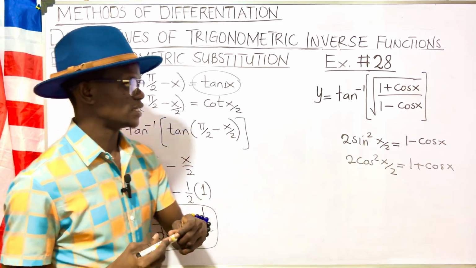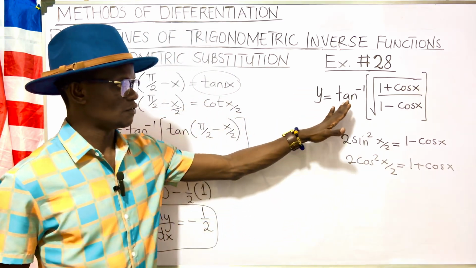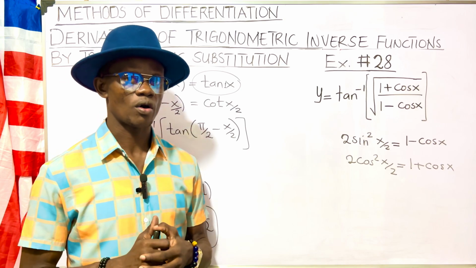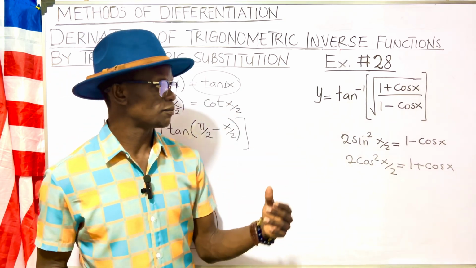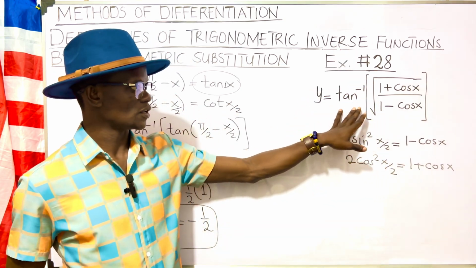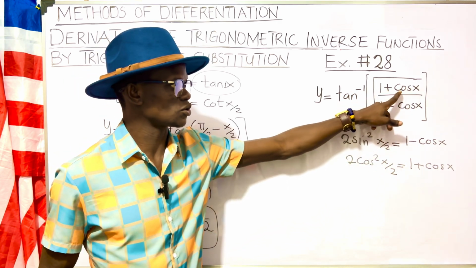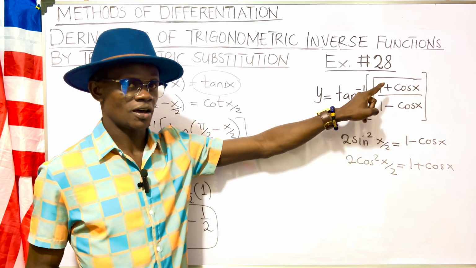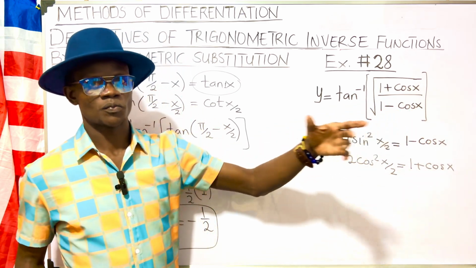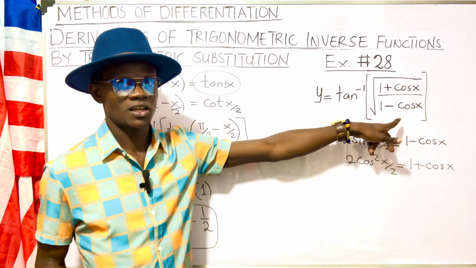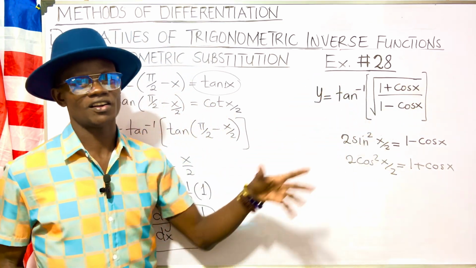So this is how we find the derivative of tangent inverse of the square root of 1 plus cos x over 1 minus cos x. In the next example, you will see how we solve the reverse of this, that is tangent inverse of 1 minus cos x divided by 1 plus cos x, which in that case will end up as tangent of some angle, and our final answer will just be positive 1 over 2.